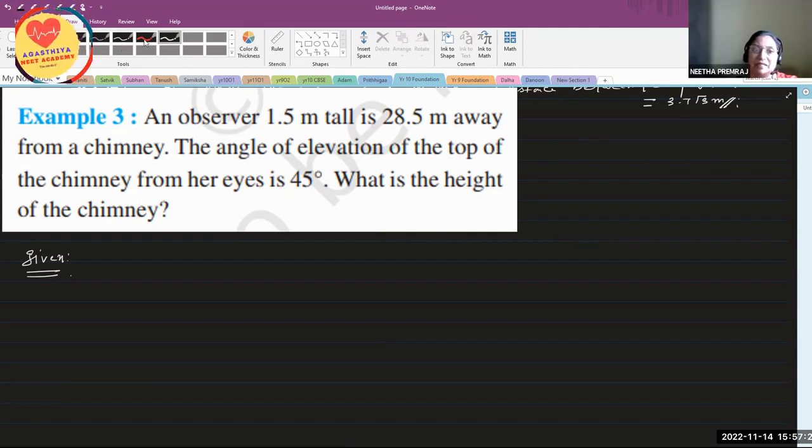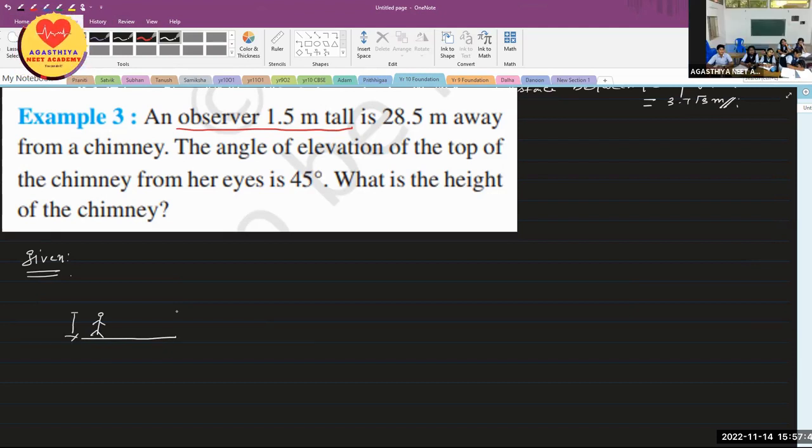See, one by one, we will develop the figure. An observer 1.5 meter tall. Immediately, what should you do? You draw the figure. There is an observer. His height is 1.5 meter.